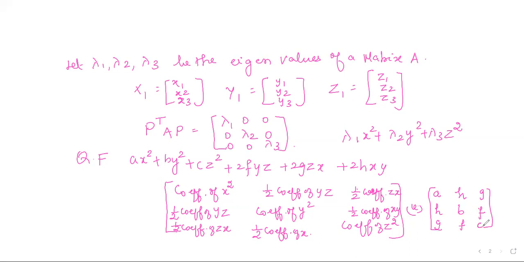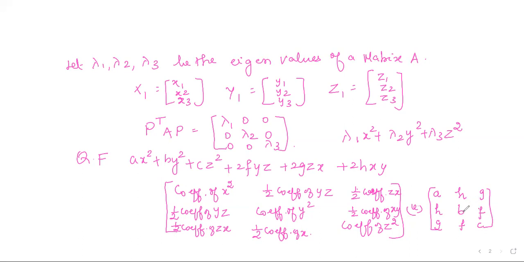And the diagonal: a11 is a, the coefficient of x square, a22 is the coefficient of y square, and a33 is the coefficient of z square. So likewise, we have to convert the quadratic form into the matrix form.